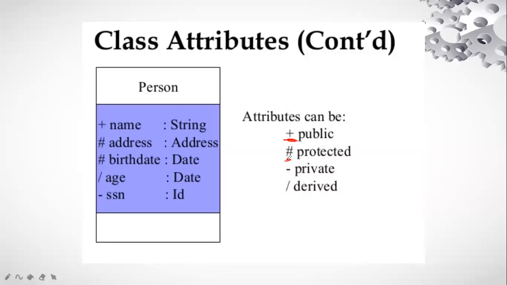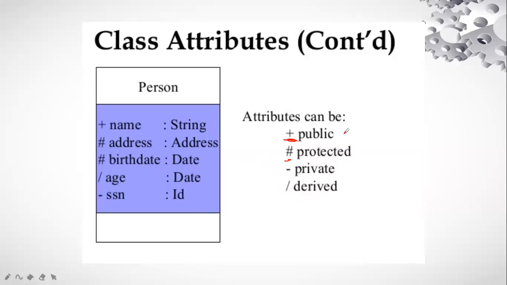Then we have the third one, that is private. Private is only visible from within the class. It cannot be accessed from outside the class. If there is another class, we cannot access it there. It can only be accessed in this class.